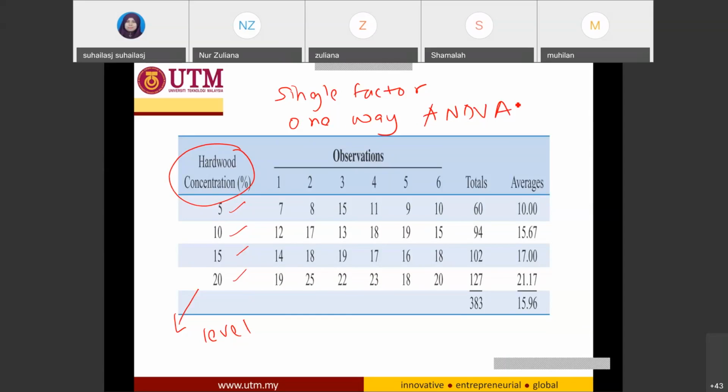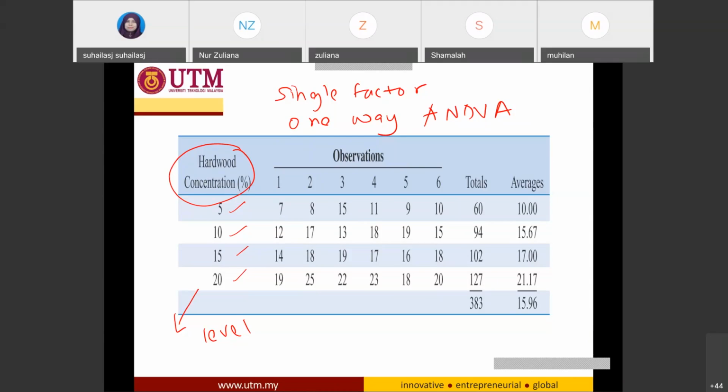So with a single factor, you have one-way ANOVA. You can have 2 factors, which is two-way ANOVA, and also multiple factors, which is multi-factor ANOVA. But in your syllabus, we only consider a single factor. So in this case, we only study one-way ANOVA. ANOVA stands for analysis of variance.